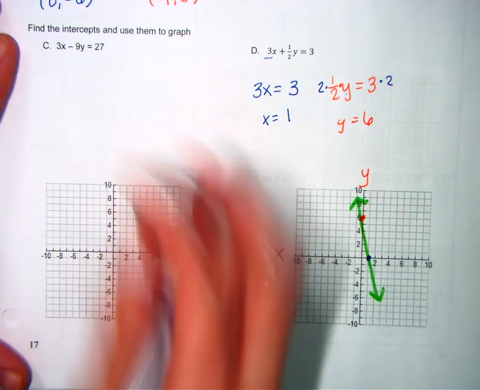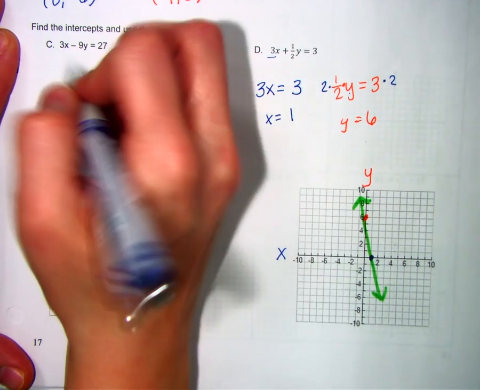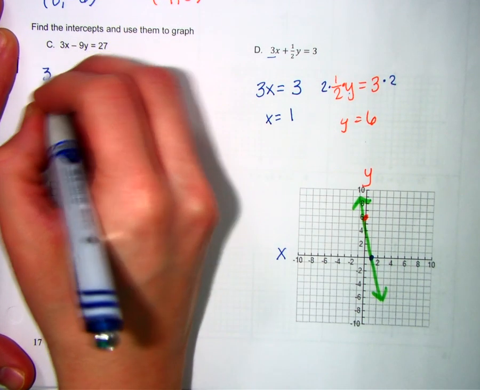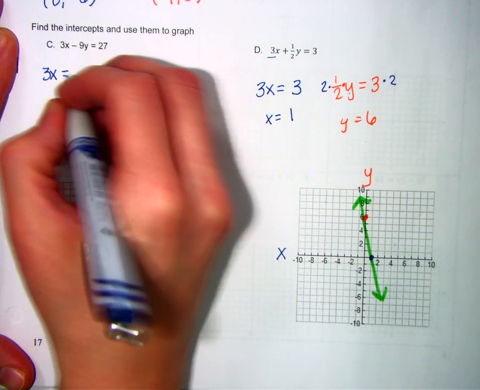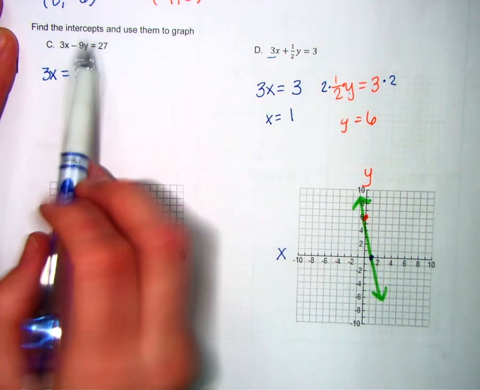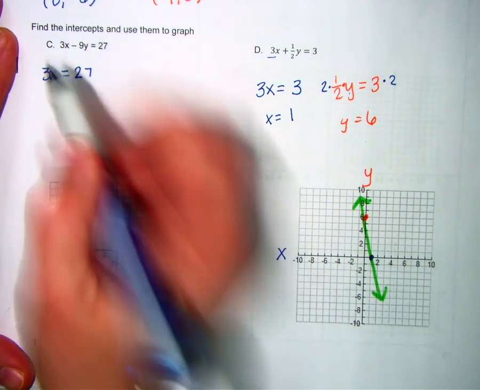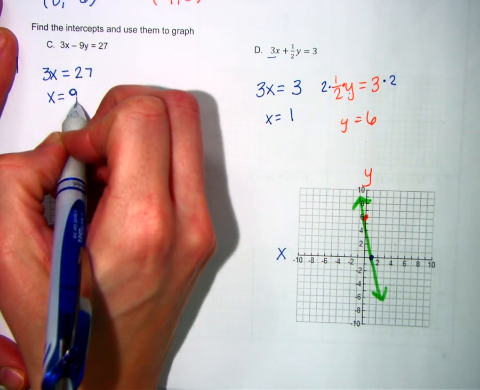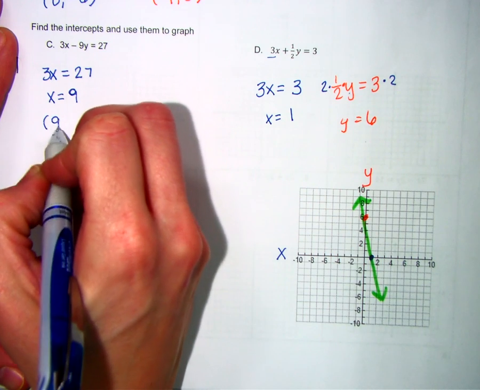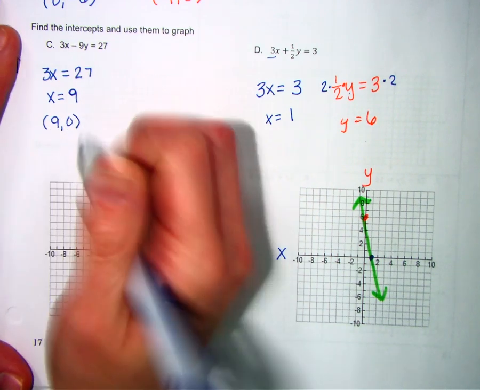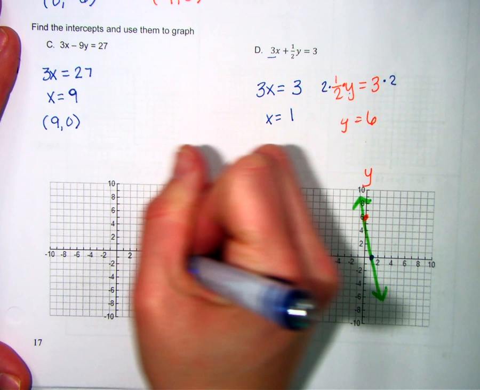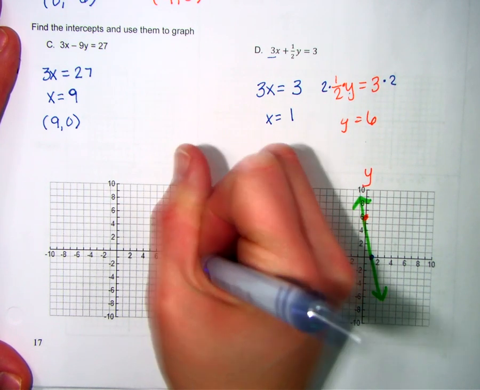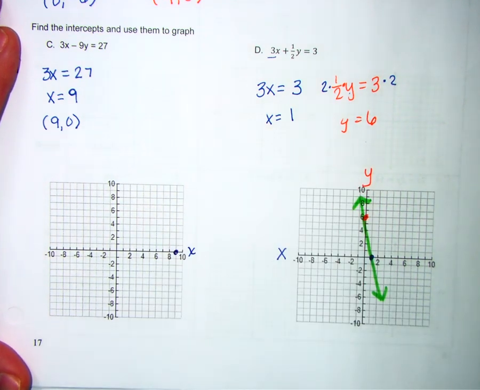But I'm going to finish filling out this one here, C. I'm going to go ahead and take this 3x down here and set that equal to 27 because we're covering up this y part. So x equals 27 divided by 3 is 9, which is really the point 9, 0. So if I go on the x-axis until I hit 9, that's right there. Okay.